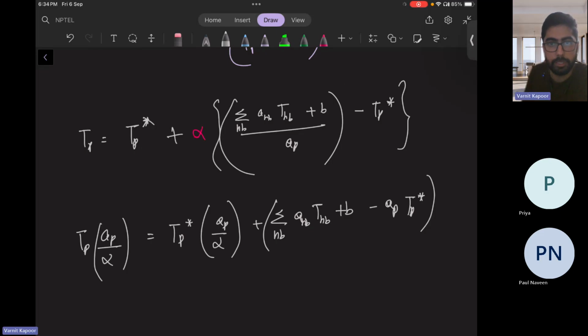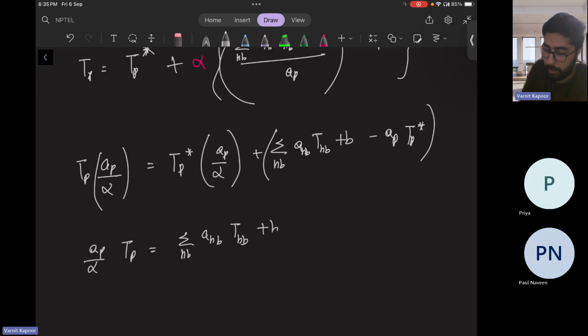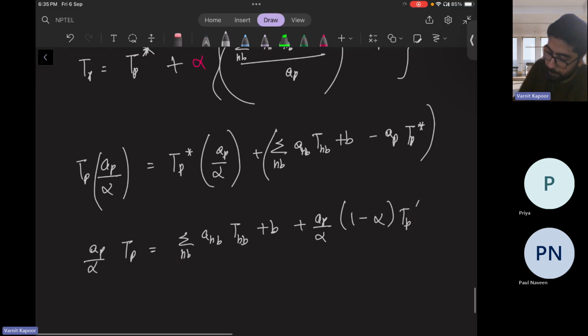This is your final equation where you can say AP over alpha into TP is equal to summation of A NB, T NB plus B plus AP by alpha into 1 minus alpha TP star.